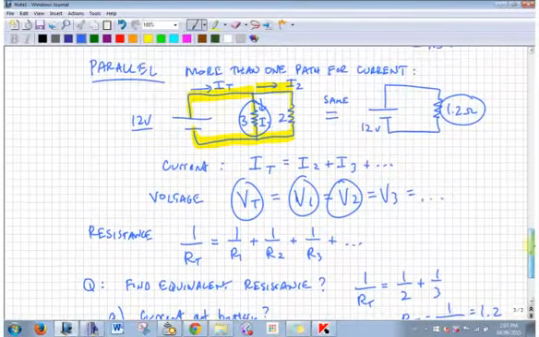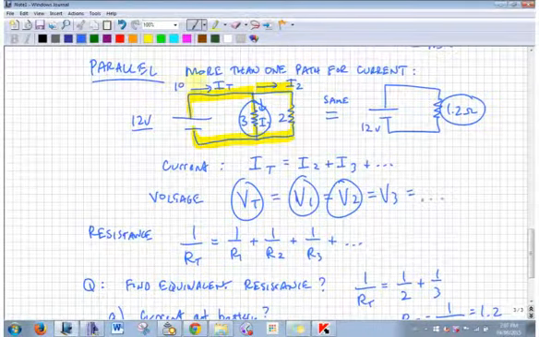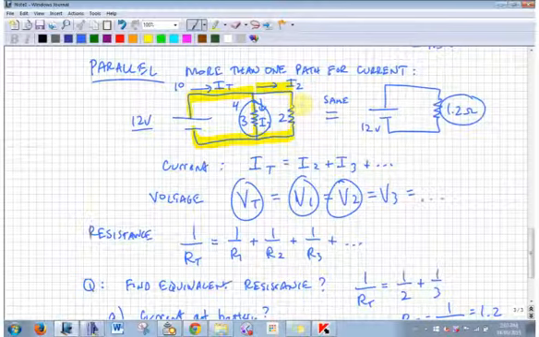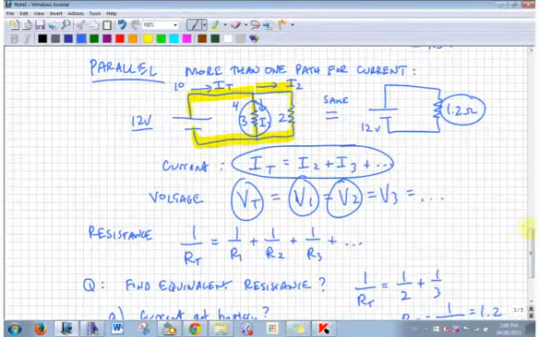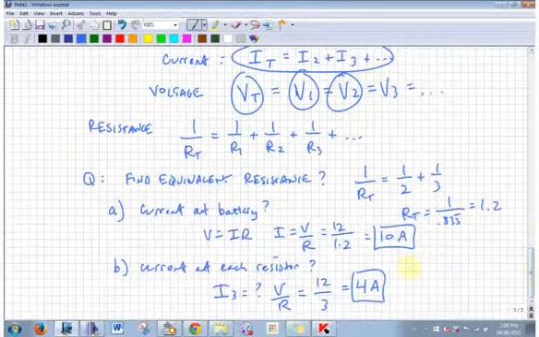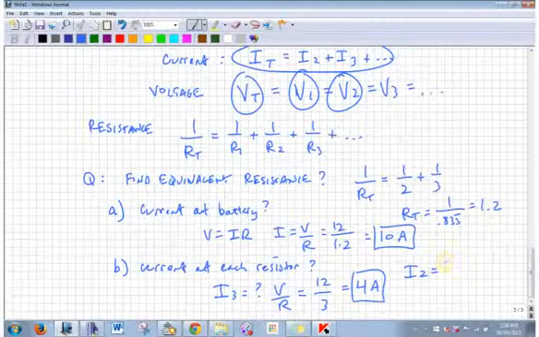Now, think common sense. If that's 10 and that's 4, then this must be what's 10 minus 4? Yeah, okay. That's a good guess, but let's prove it. What is I2? 12 over 2, 6 amps. Okay.